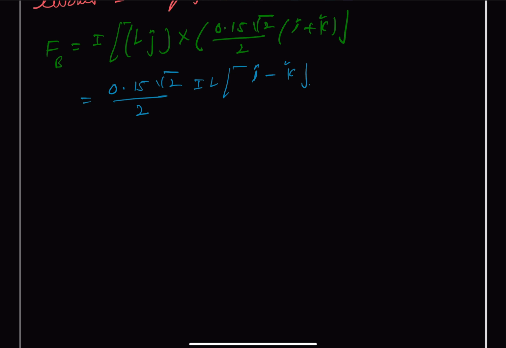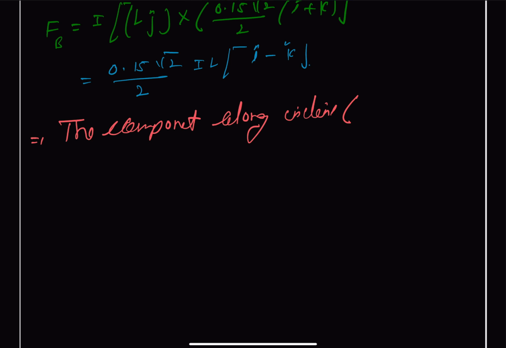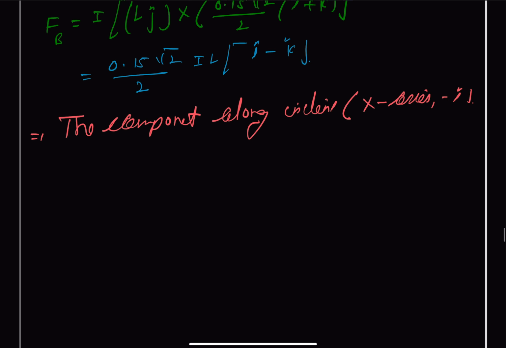And for this magnetic force, we can say that the component along the incline, which we have taken as the x-axis, in the upward direction is our minus i unit vector.